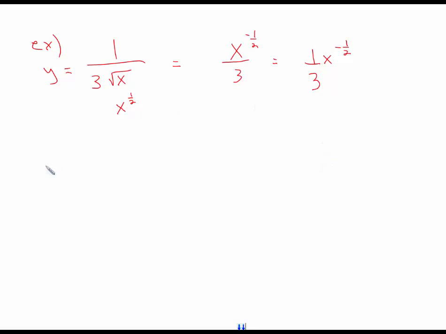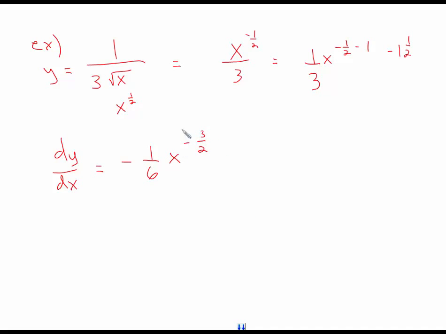Now if we're going to take the derivative of y with respect to x, when we take negative 1 half times 1/3, that's going to give us negative 1 over 6 x, and negative 1 half minus 1, so basically you have negative 1 and a half here, which is going to be negative 3 over 2.